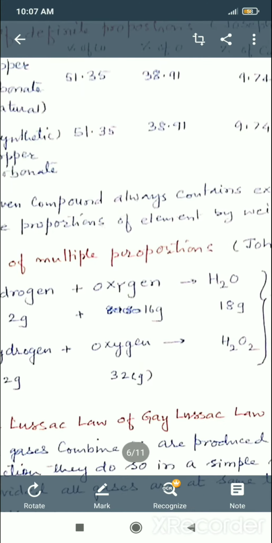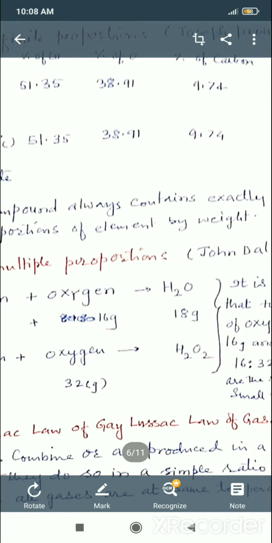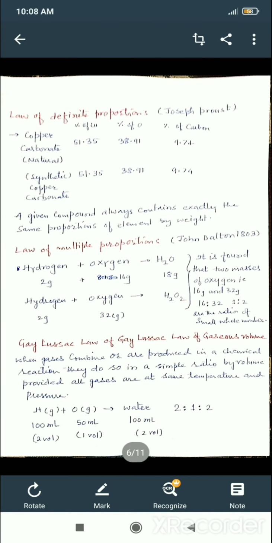The second is synthetic copper carbonate, in which the percentage of copper is 51.35, oxygen is 38.91, and carbon is 9.74. What I want to prove here is that even when we prepare copper carbonate synthetically, the proportion of copper, oxygen and carbon is the same as when it is naturally present. A given compound always contains exactly the same proportion of elements by weight.